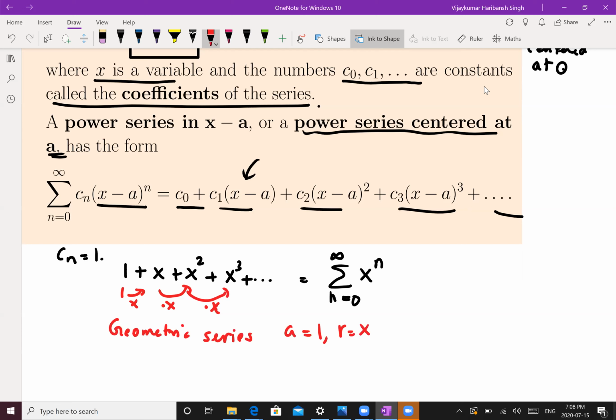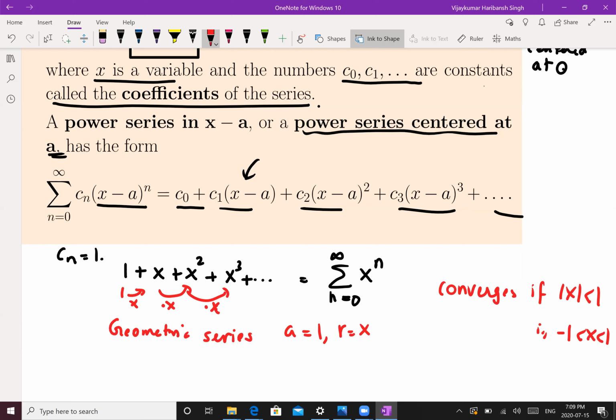What happens? This converges if the absolute value of x is less than 1, that is, minus 1 less than x less than 1. Otherwise, it is divergent.